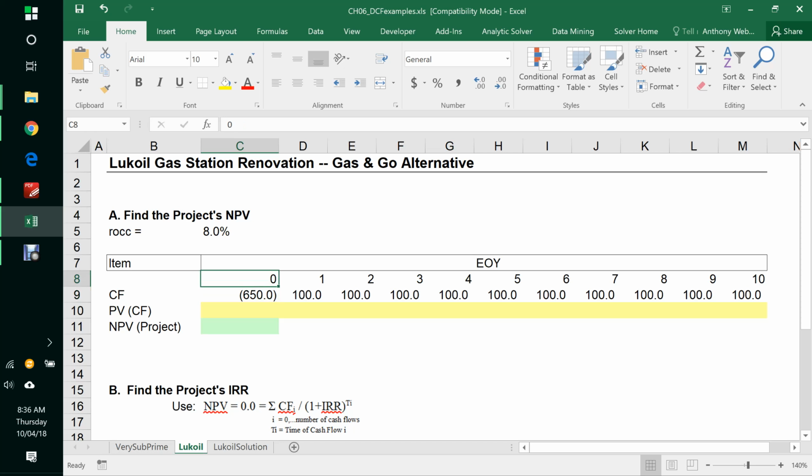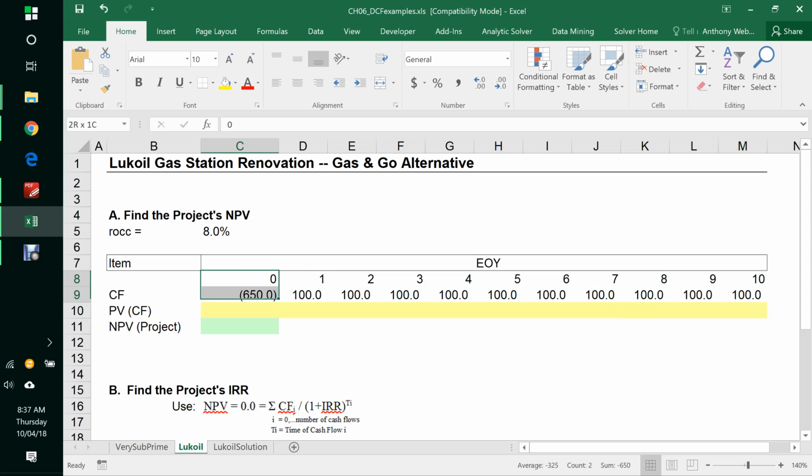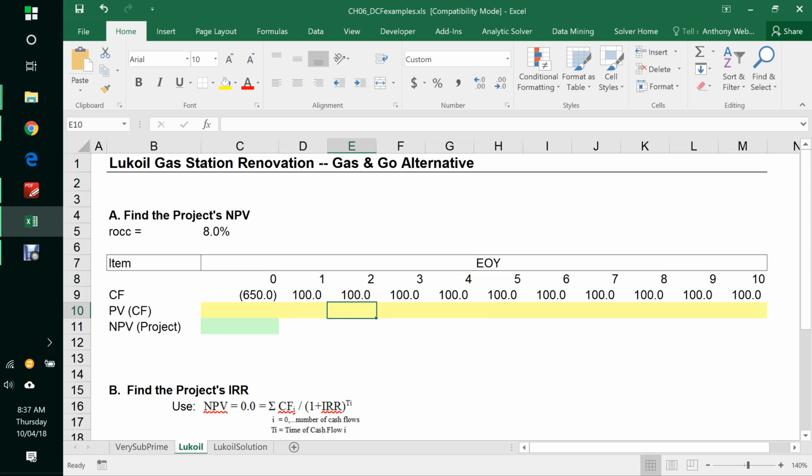So we're not just concerned with the future cash flows for the project. We include in our calculations for NPV and also, of course, IRR, every cash flow for that player. In this case, the player is Lukoil itself.